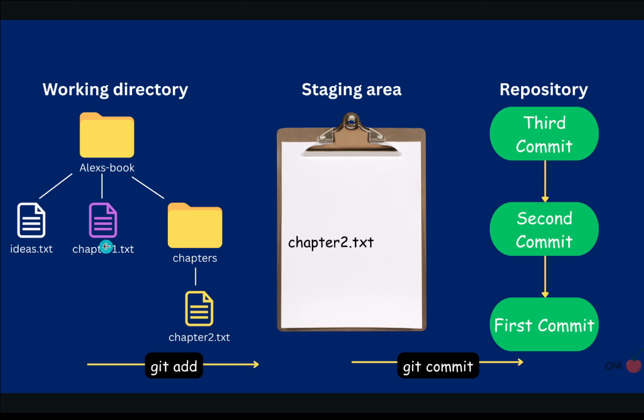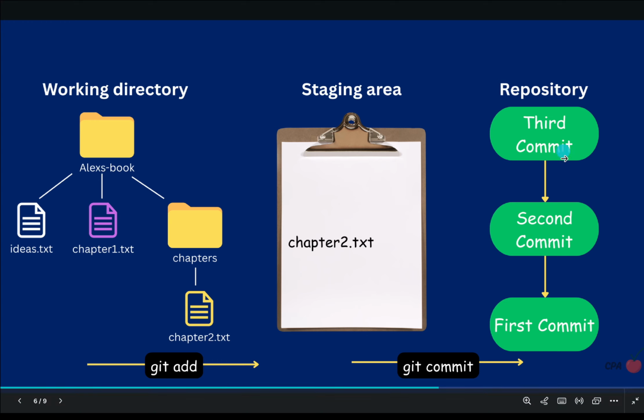Even though chapter 1 has some changes in our working directory, we did not save these in our third snapshot. So if you look at the content of chapter 1 in this third commit, it's the same as with the second commit. But if you look at the content of chapter 2, there is a change now.